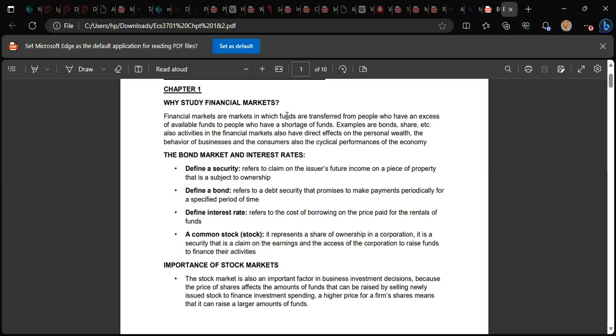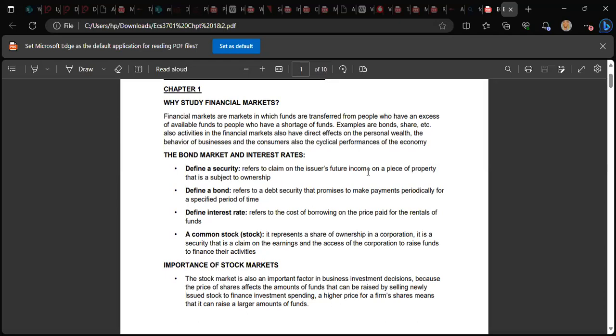The difference between these two usually lies with the level of risk that is attached to each and every one of them, right? With the government, the risk is very low. When we talk of risk, there are two things we're looking at here.